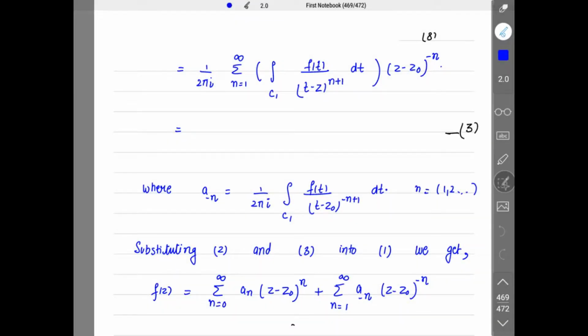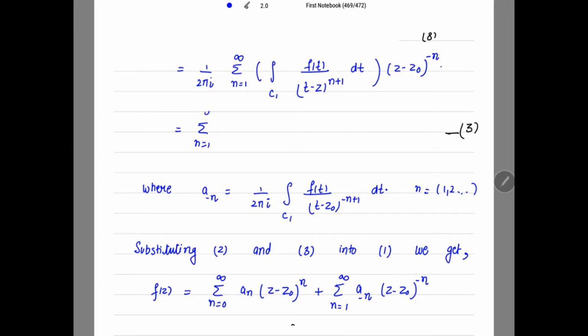Which is further equal to 1 over 2 pi iota summation n going from 1 to infinity. I collect this integral and z minus z naught to the power minus n. The denominator will be in the numerator now with power minus n. So this is equal to summation n going from 1 to infinity.